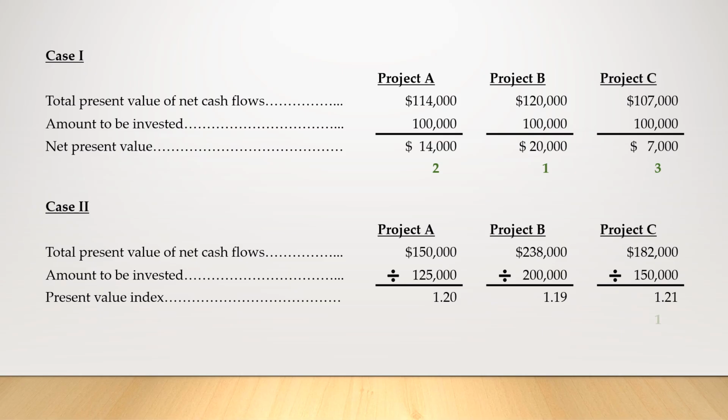So Project C is the best option in terms of how efficiently the investment provides a return. Project A is number 2, and Project B is still third, despite having the largest net present value. Applying this analysis to case 1 would not impact its rankings.